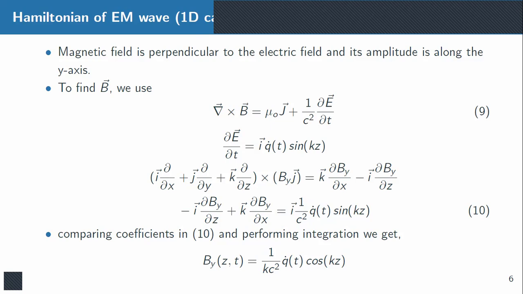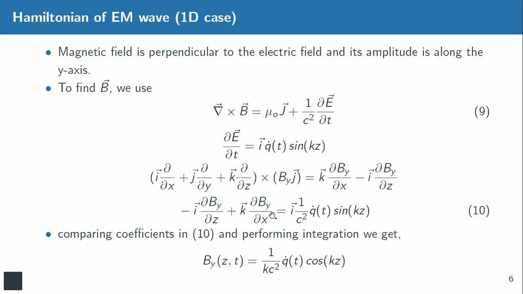So if the electric field is along the x-axis, the magnetic field would automatically be along the y-axis. So we have no components along the x-axis and z-axis. So the curl of the magnetic field could be simplified to this form. In that equation, we will compare the unit vectors and their coefficients.